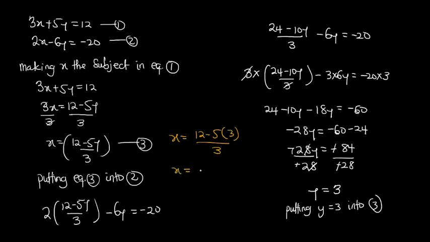So my x will be equal to 12 minus 5 multiplied by 3 is 15 on 3, and 12 minus 15 is negative 3 on 3, and x will be equal to negative 1. So it means that the value of my y is 3, the value of my x is negative 1.